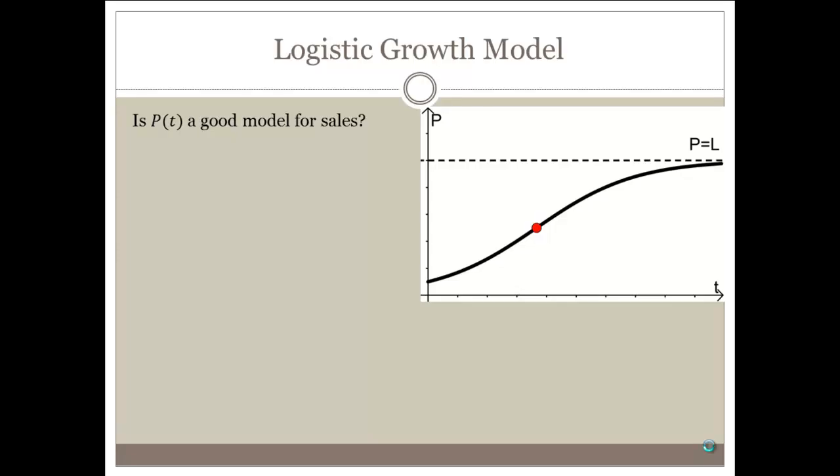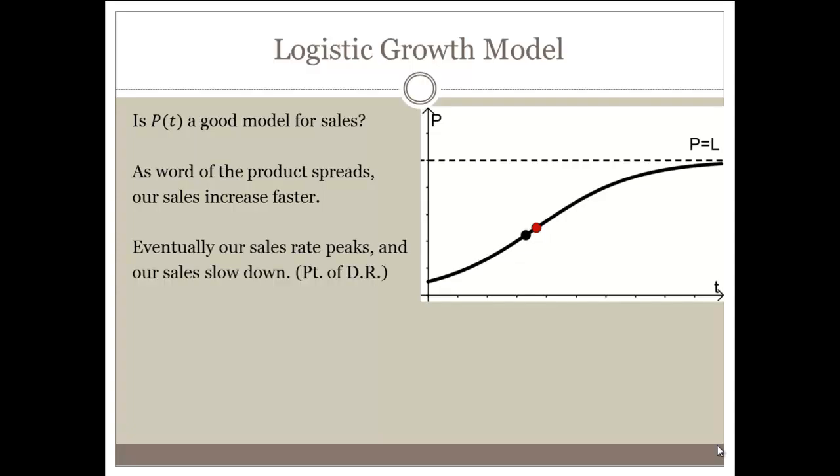Consider an example where we are selling a record for a new band. In the beginning, not a lot of people have bought the album, but as some people buy it, they tell their friends, and they tell their friends, and more people are buying it. So our sales are going faster and faster.